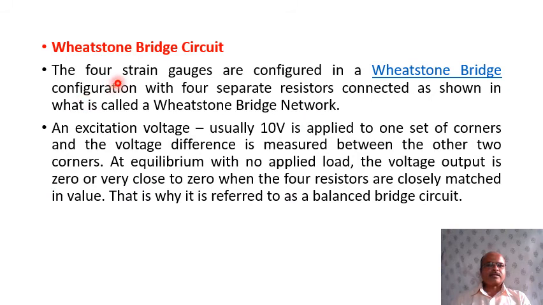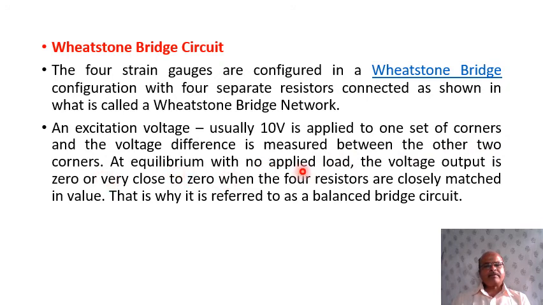Okay, so this animation shows the working of the strain gauge. That is, when there is a change in resistance, then there is a change in output voltage. So Wheatstone's bridge circuit, as previously mentioned, has the 4 strain gauges configured in a Wheatstone's bridge configuration with 4 separate resistors connected as shown above. That is the excitation stage. Usually 10 volts is applied to one set of corners and the voltage difference is measured between the other two corners.